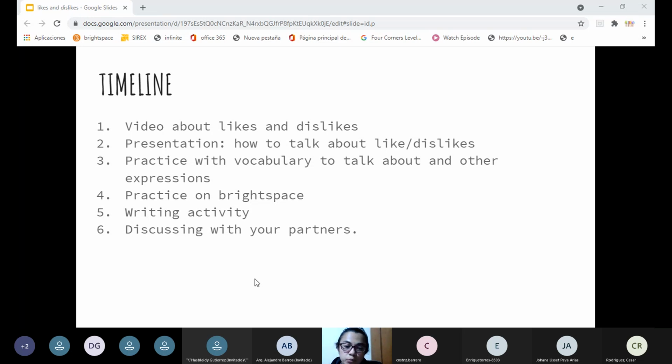So we were checking verb to be, possessive adjectives, vocabulary to describe people, etc. And we had a very easy reading activity. I will send it to your emails, Alejandro and Daniela, so that you can do it tomorrow or next Thursday before the class, and send it to my email.